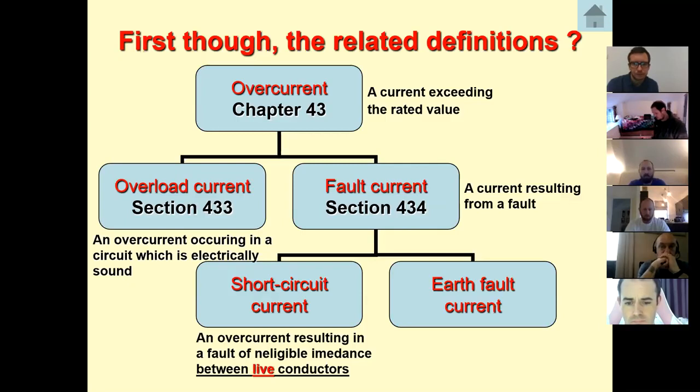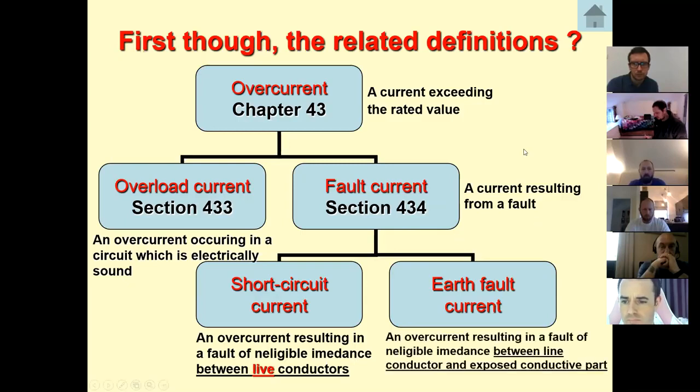On a single phase supply, it would be line to neutral. Whereas your earth fault current is between line conductor and exposed conductive parts. So the one that we looked at this morning with the earth fault on the panel heater, line to earth.